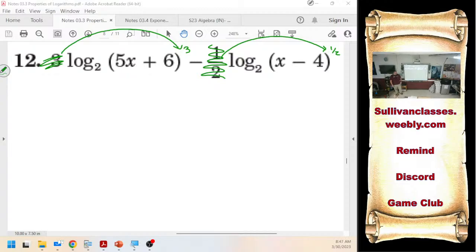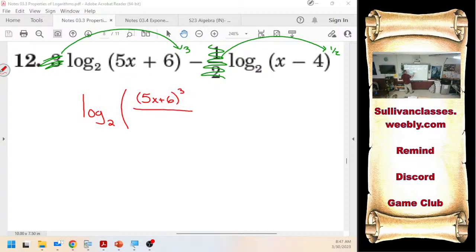Okay, a difference of logs of the same base can be written as a log of the quotient. So now it's going to be log base 2 of this guy up top over this guy downstairs.